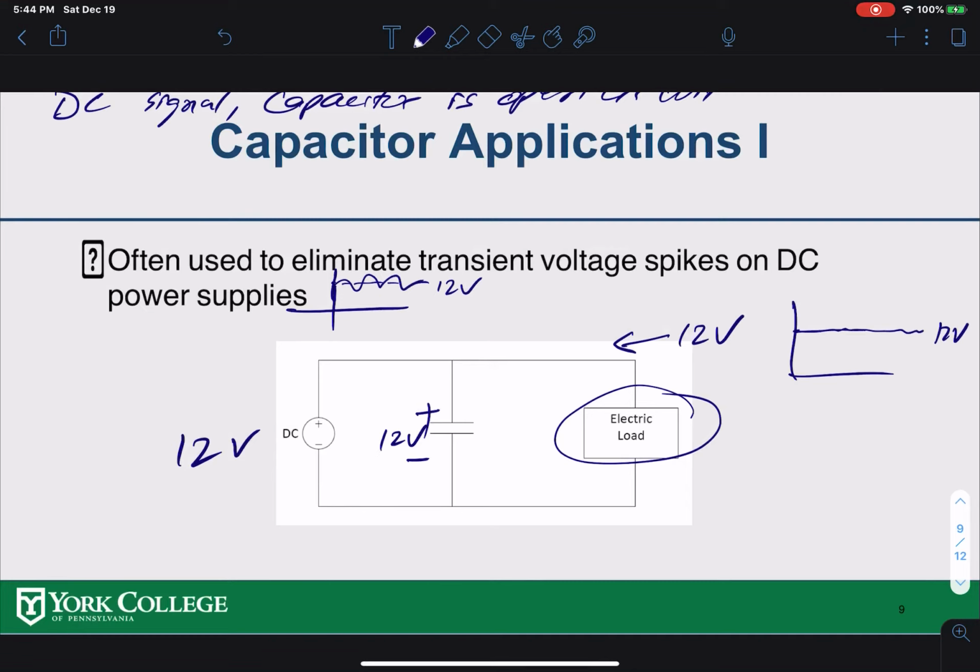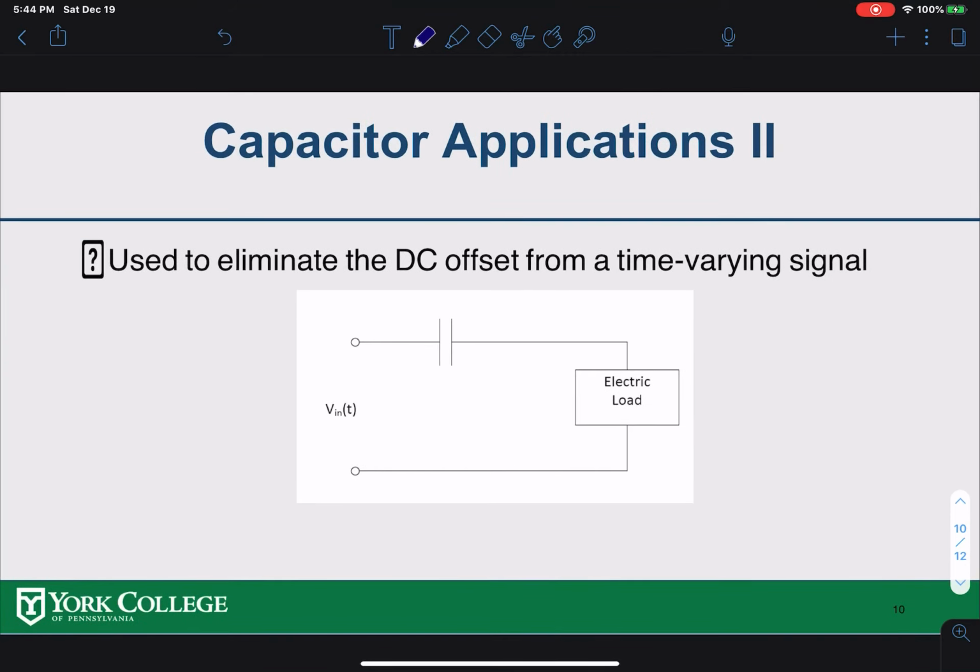That's what this capacitor does: it basically supplies constant voltage to the load. That's why all power electronics power conditioning circuits have a capacitor at the input and at the output, to take out the voltage fluctuation for the load.